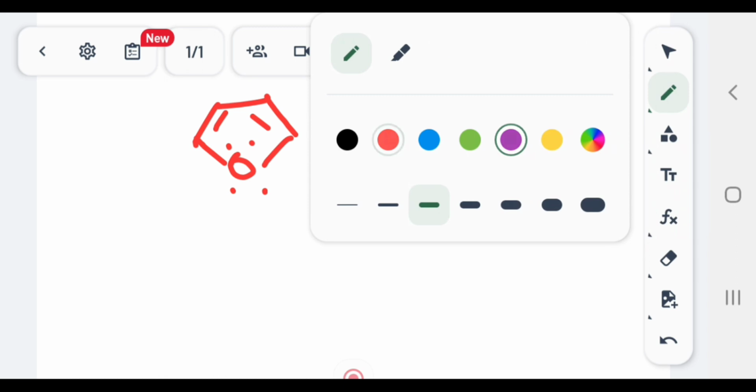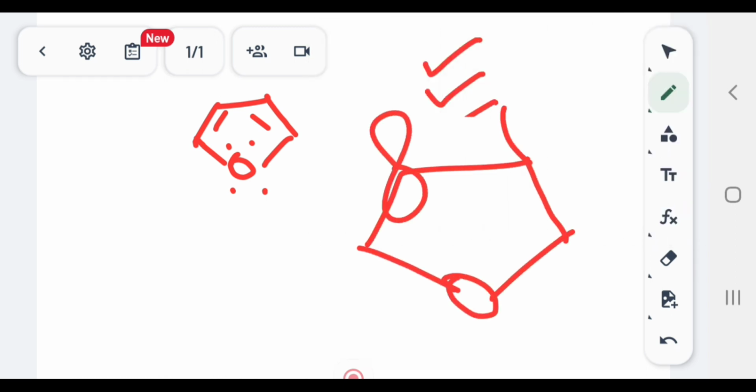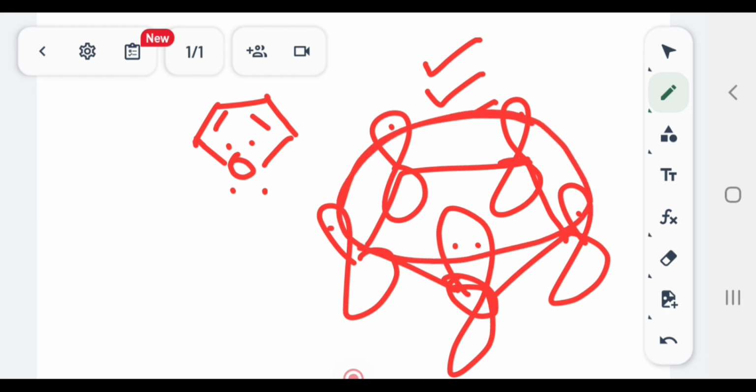Once again I am telling you that in furan, all the carbon atoms possess 1 electron and here 2 electrons. These will be in conjugation, but it has 2 lone pairs of electrons, and the other lone pair of electrons will be perpendicular, so it cannot take part in conjugation.